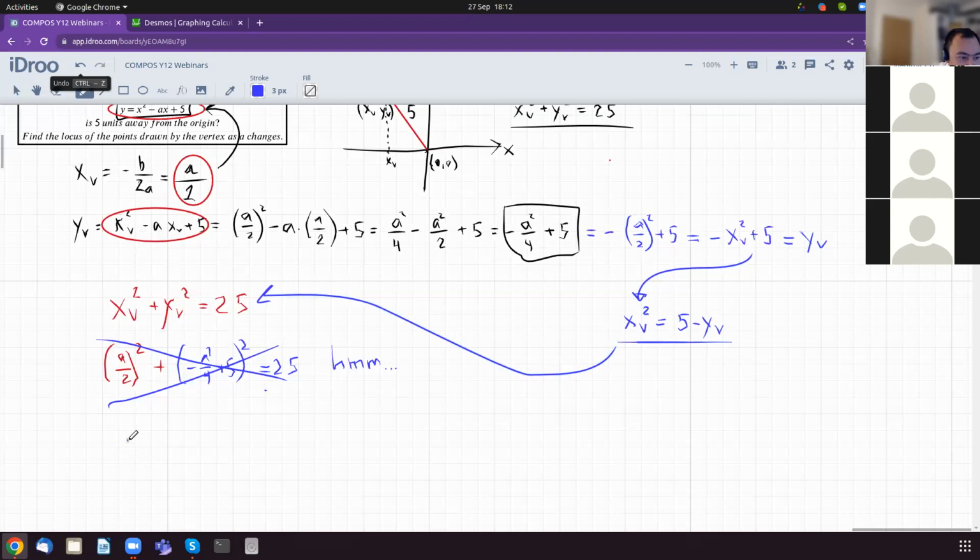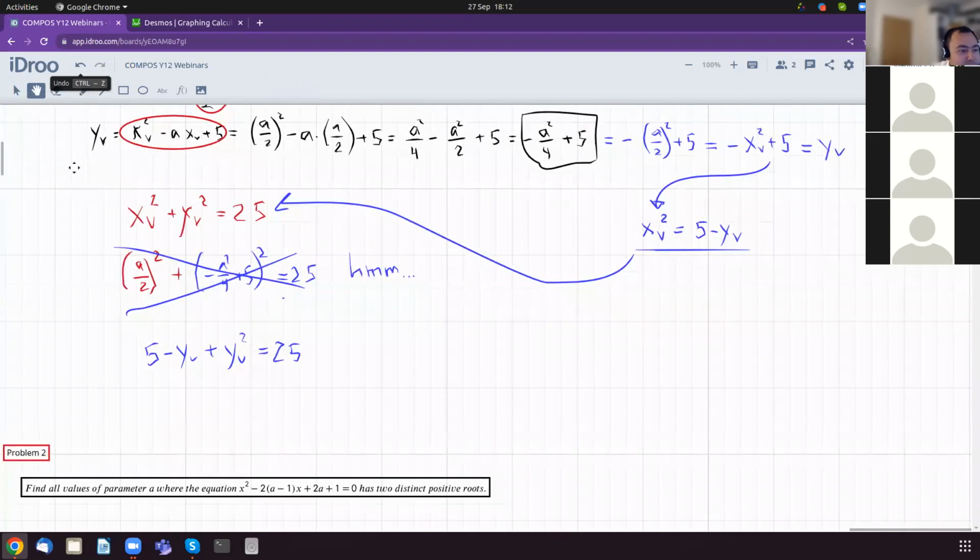And let's see, I have 5 minus y vertex plus y vertex squared equals 25. And that's a quadratic equation. Not too bad. So y vertex squared minus y vertex minus 20 equals 0.